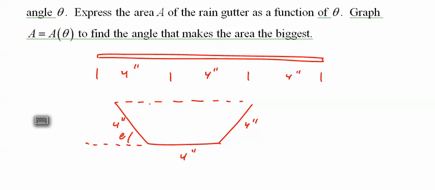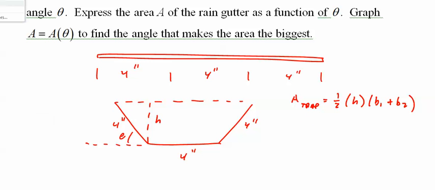Well, that's a trapezoid. Area of a trapezoid, 1/2 height times base 1 plus base 2. So, where else can we write theta? Put it up here.